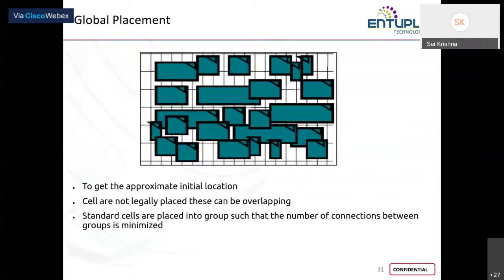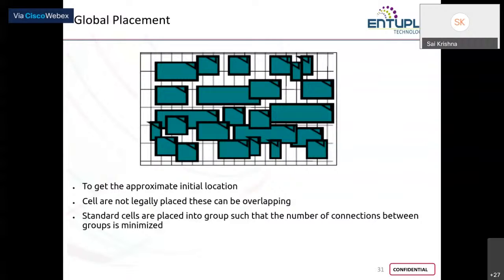A placement trial is run first, wherein the emphasis is not on whether the cells are placed properly or not, or whether they are exactly in line with the VDD and VSS. We are not looking for perfection during global placement.